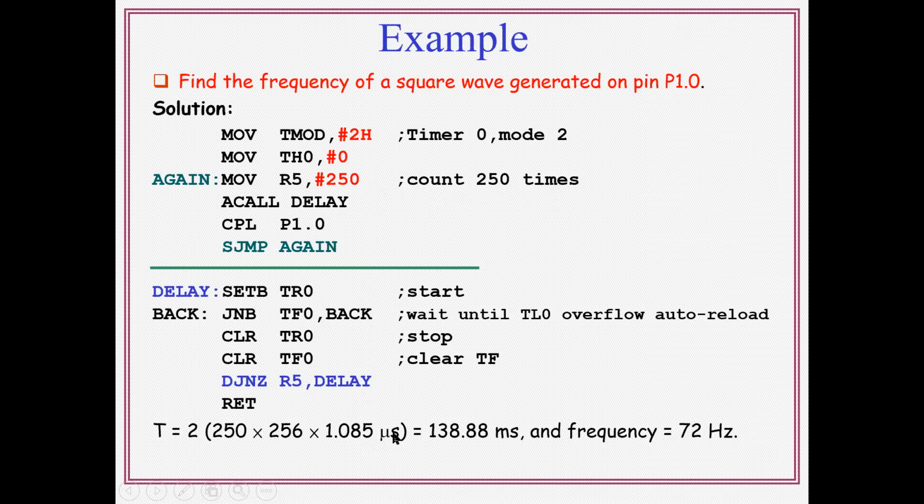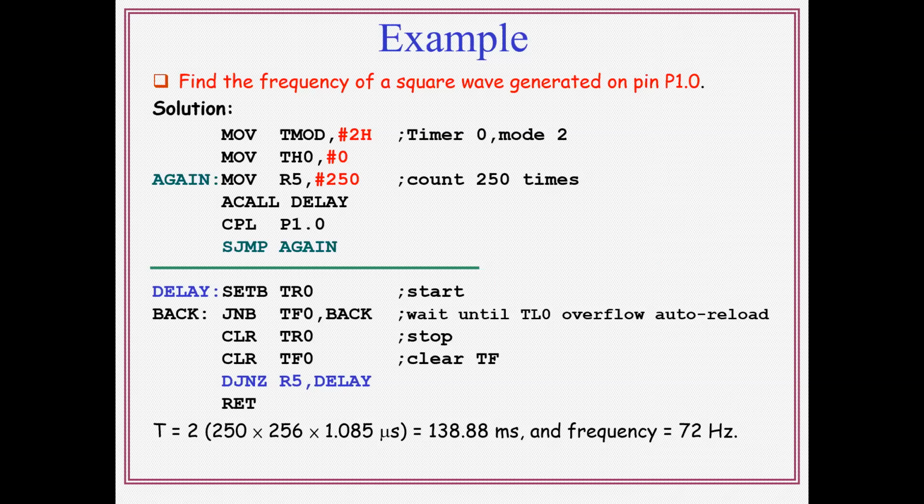Already we discussed that to generate a suitable baud rate, we require an 11.0592 megahertz frequency. If you take 11.0592 megahertz, then 1 by 12th of that gives 1.085 microseconds. That calculation was done in the previous session.